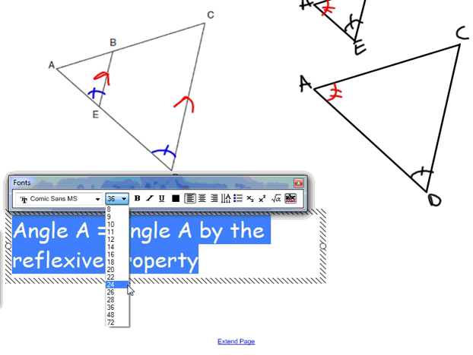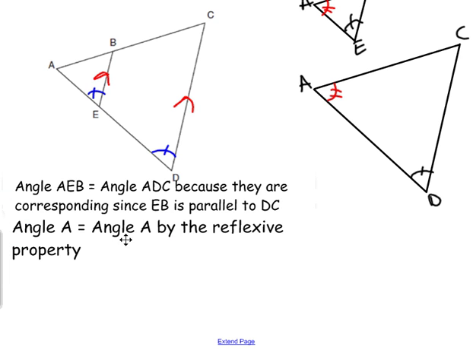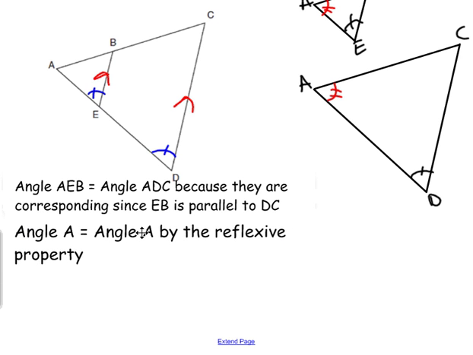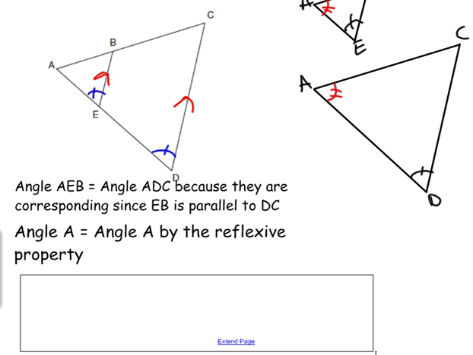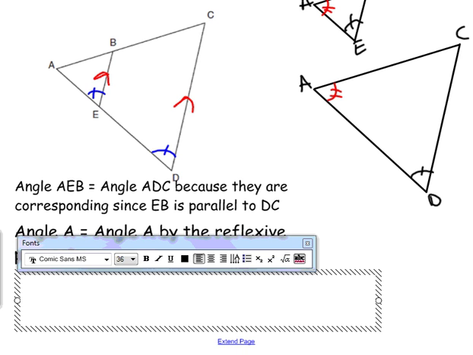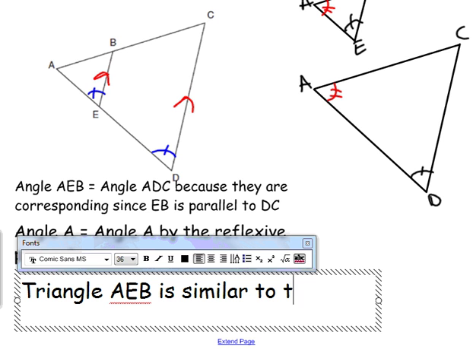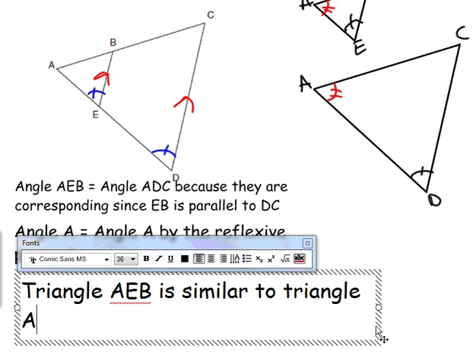Let me try to stay consistent with the fonts. And now you can say the triangles are similar because of the angle-angle theorem. So triangle AEB is similar to triangle ADC by AA theorem. And that's the proof.